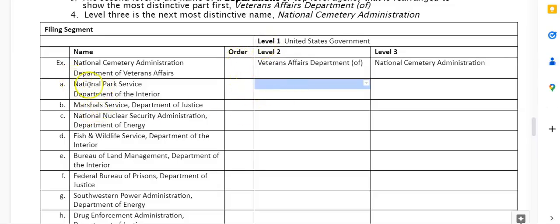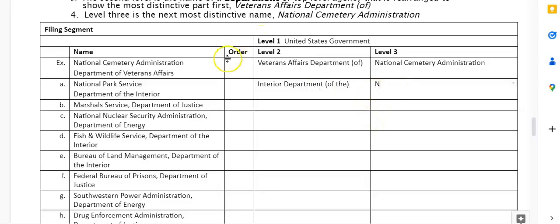Okay, so now we have letter A, National Park Service, Department of the Interior. Remember, our level 2 is always going to be the department name. And the most distinctive part of the department name is interior, and then department, and then in parentheses, you're going to want to enter of the.